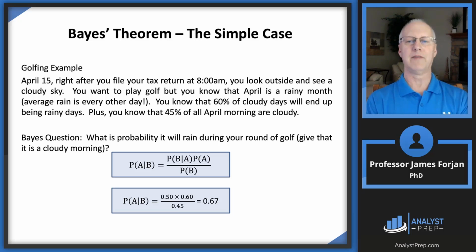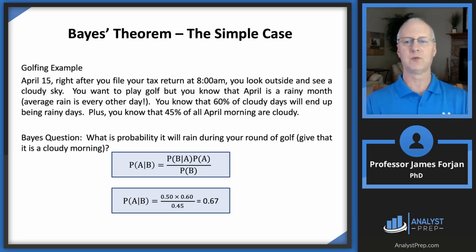So we're going to multiply that 50% by the 60% chance that cloudy days will end up being rainy days, and then we're going to divide by the 45% because 45% of all April mornings are cloudy. And so that gives us a probability that it's going to rain during our round of golf today on April 15th of 67%.